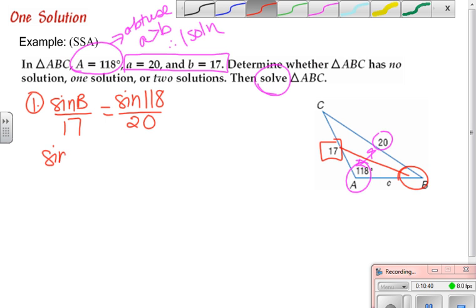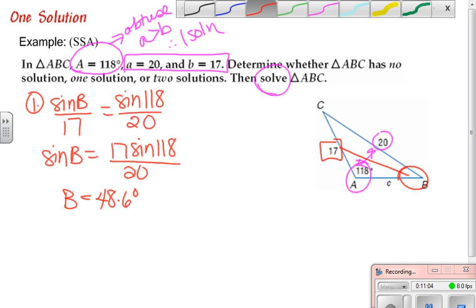We're going to end up with the sine of B being equal to 17 sine 118 all divided by 20. And when you work that out, you end up with B equaling 48.6 degrees.